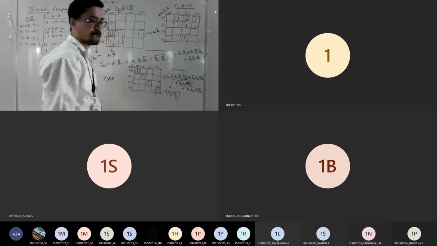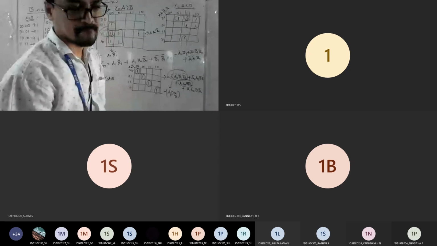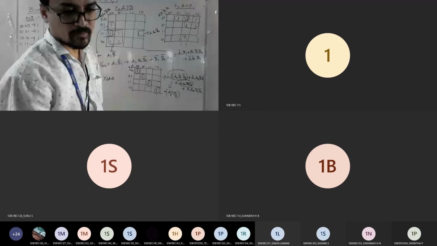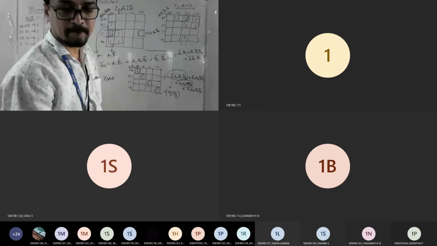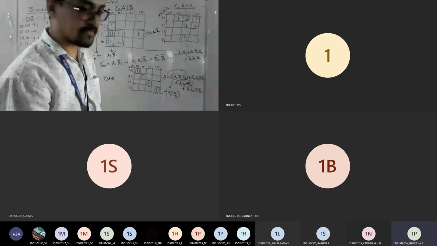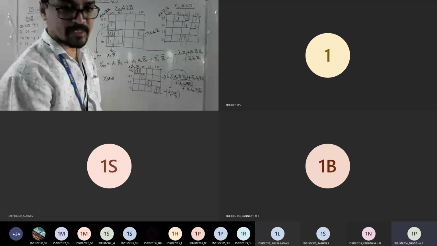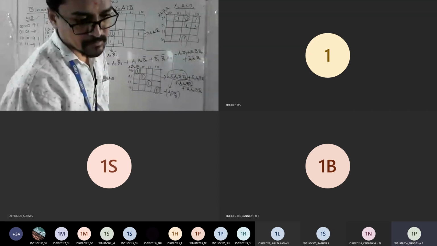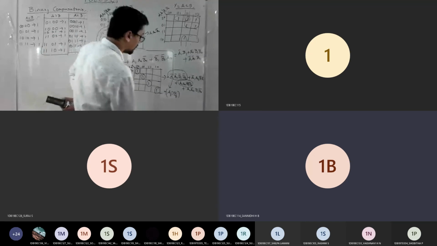Can I write like this? Is this much sufficient? I represented only A0 B0. What about A1 B1? That is also there, right?